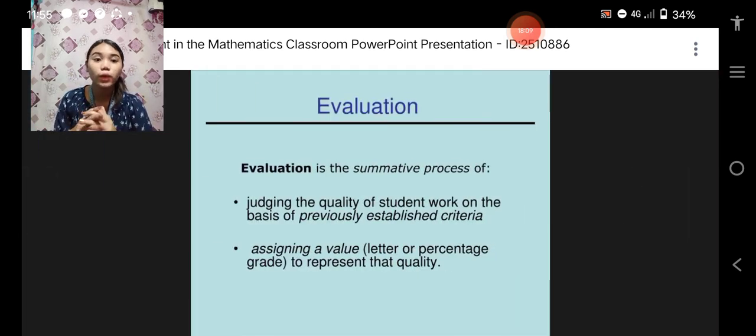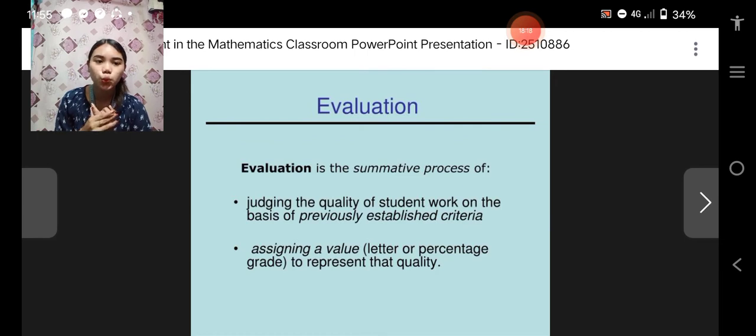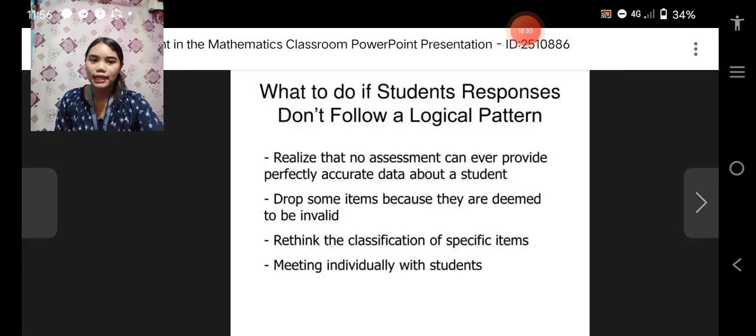Then the evaluation. Evaluation is a summative process: the first is judging the quality of student work on the basis of previously established criteria, and the last is assigning a value, letter, or percentage grade to represent that quality.